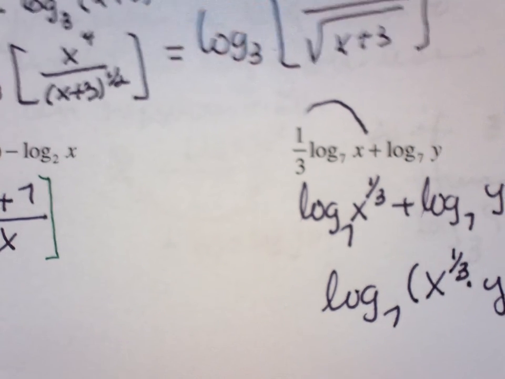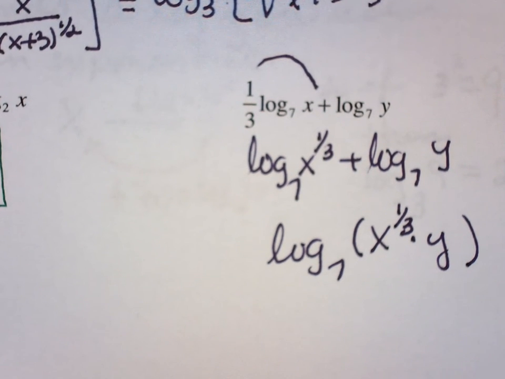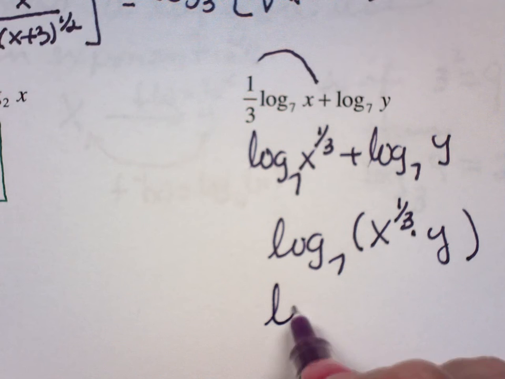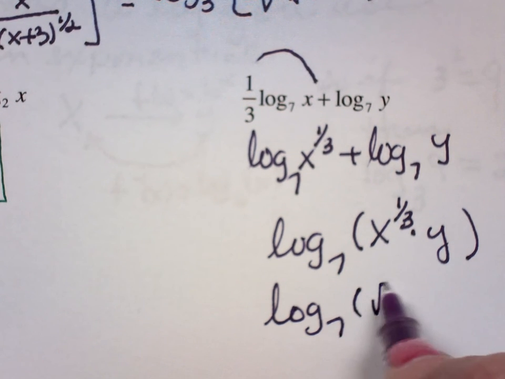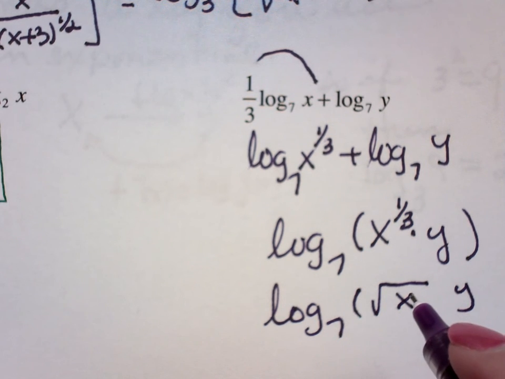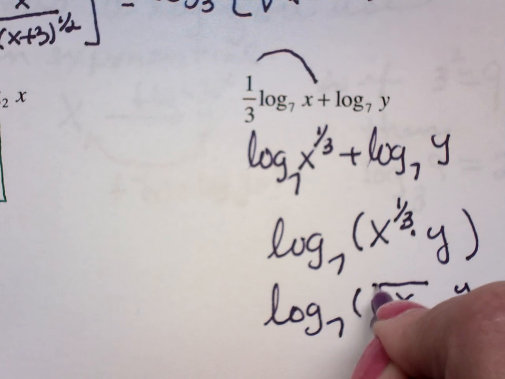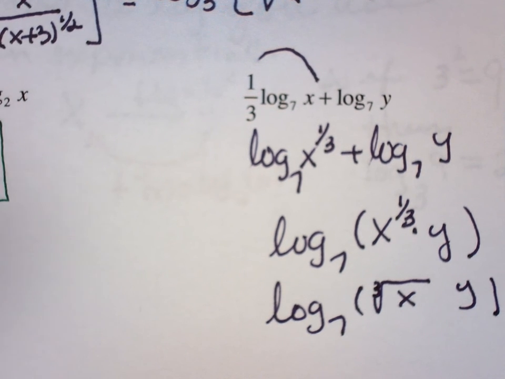And then you could write x to the 1/3 if you wanted to as what? Radical. Which one? Cube root. Either way. Like I said, I'm kind of a quit-while-you're-ahead person.